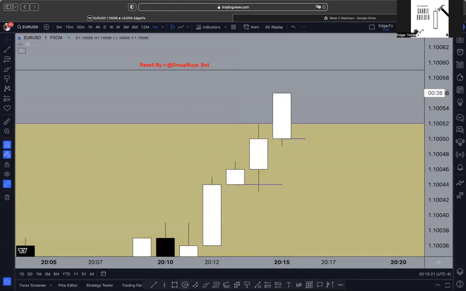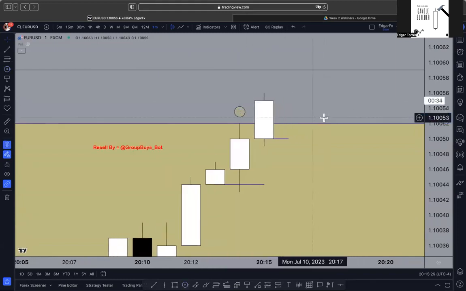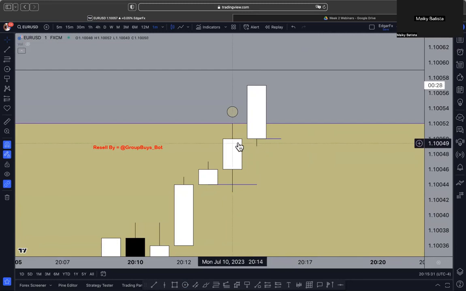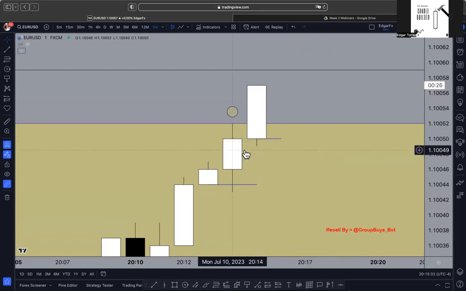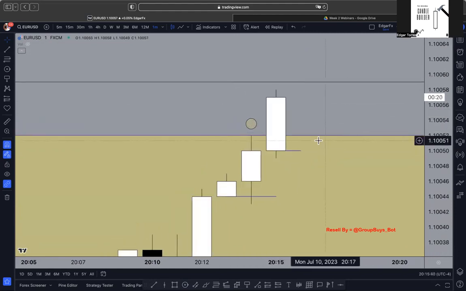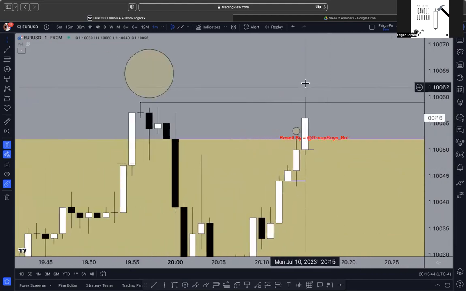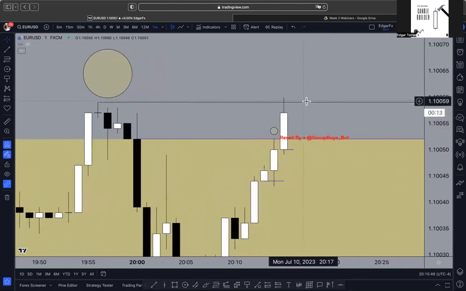There we go. See how it came below the open a little bit? That low got printed somewhere within the body of the previous candle and then ran for the previous high. This candle will close in 20 seconds. So far right there, that's the hourly target.